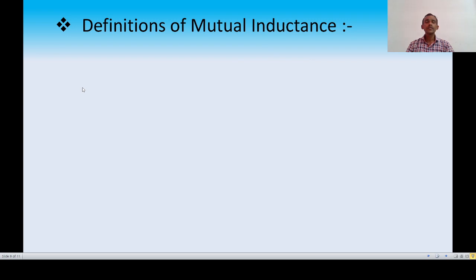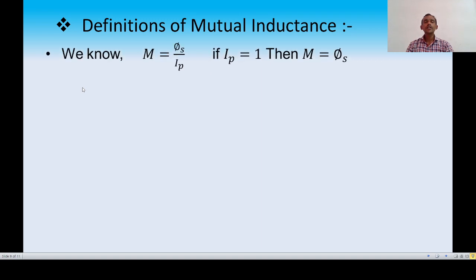Now, let us discuss some definitions of mutual inductance. We know that the mutual inductance M is equal to phi s divided by IP, where phi s is the magnetic flux linked with the secondary coil due to the current IP flowing in the primary coil.